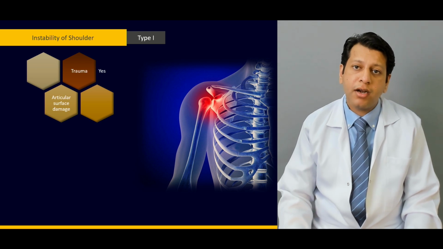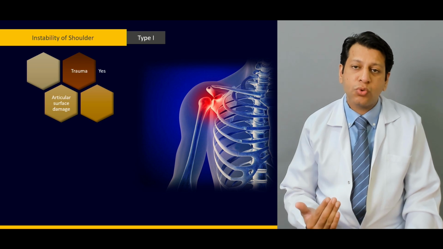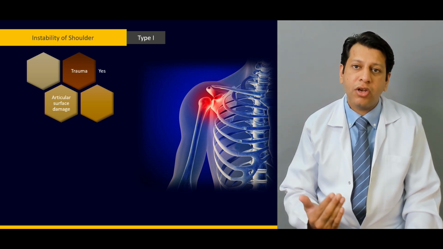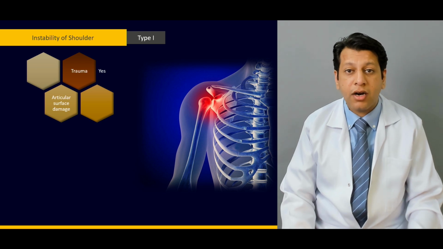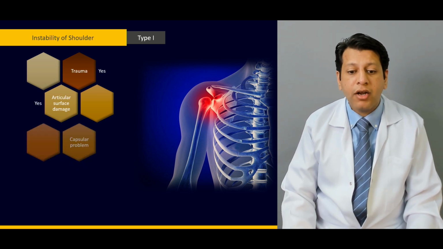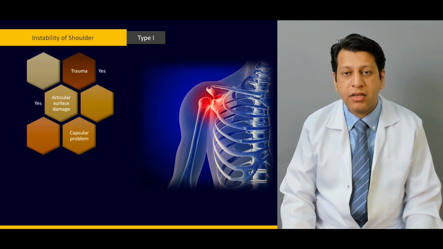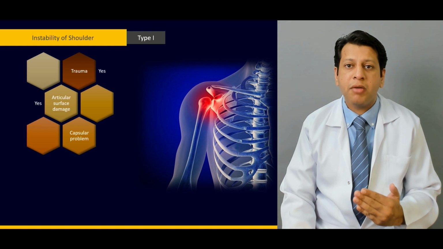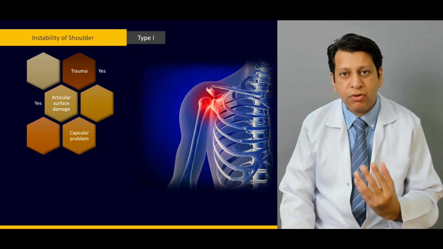The bony Bankart lesion results when there is dislocation associated with an anterior inferior glenoid fracture, and there is associated articular surface damage. Or it could be a capsular problem. That is, the ligamentous Bankart has an anterior inferior labral lesion along with a capsule tear. The head comes out without any bony fracture.